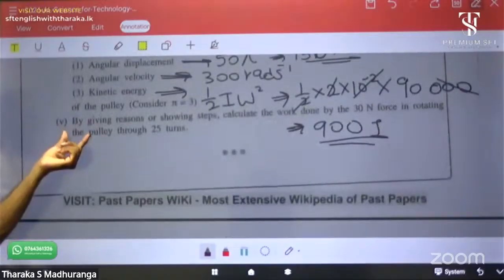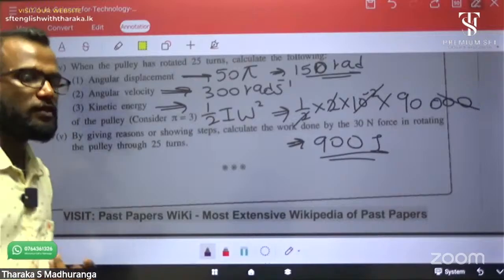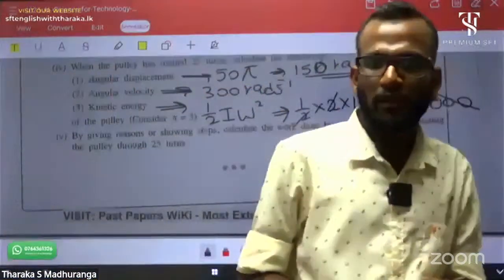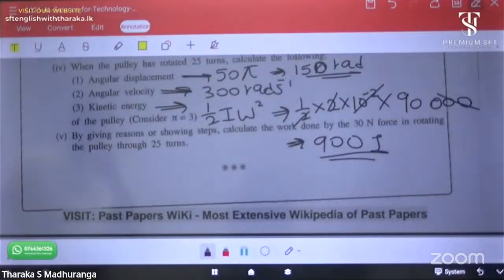Final one. By giving reasons or showing steps, calculate the work done by the 30 Newton force in rotating the pulley through 25 turns.